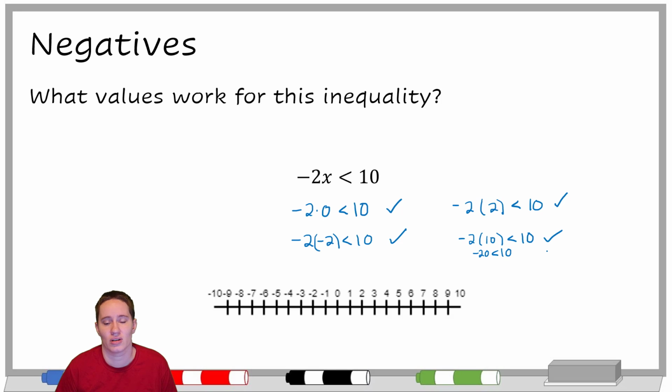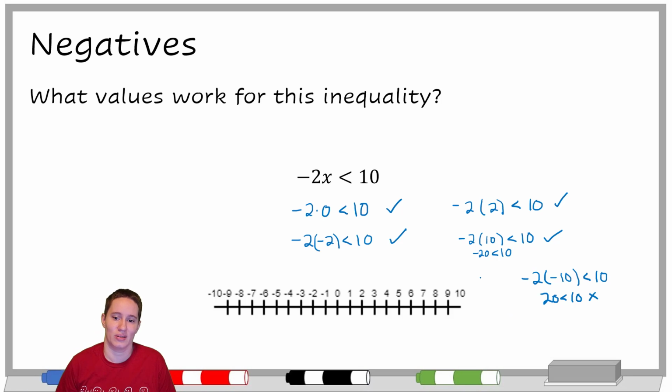So yeah, that works. So if that big number didn't work, what should we try now? Should we maybe try -10 and see what happens? The point I'm making here is that negatives kind of change our game a little bit. If I put in -10, what happens? Well, -2 times -10 is +20, and +20 is not less than 10.